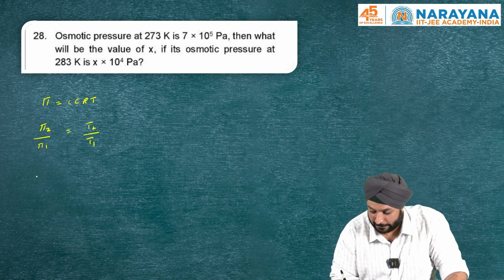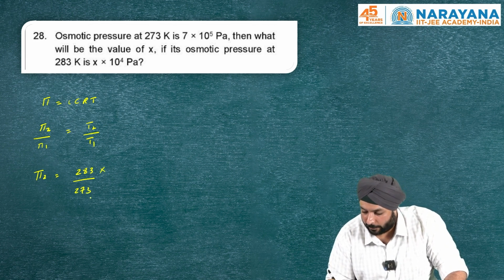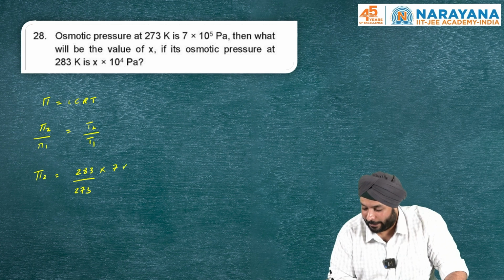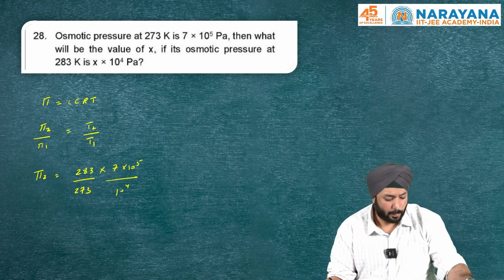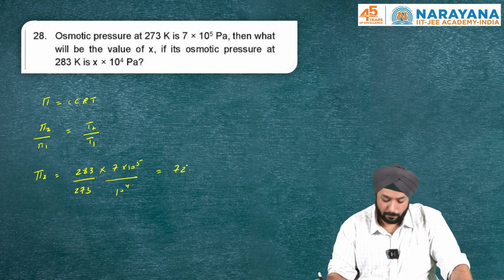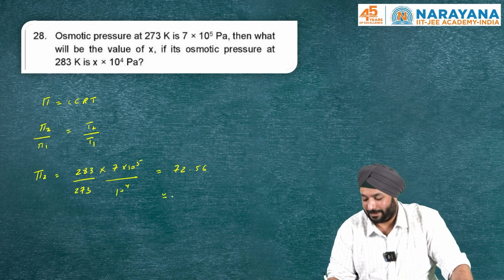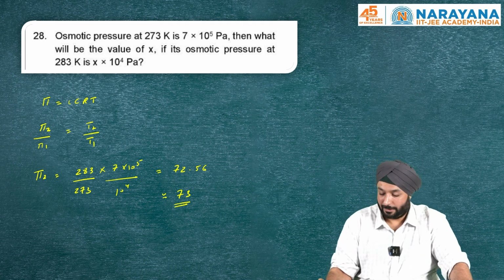Just use this, you'll get the answer. So pi 2 comes out to be 283 Kelvin divided by 273 Kelvin into pi 1, which is 7 into 10 raised to power 5 pascals. I want the answer in 10 to the power 4, so divide by 10 raised to power 4, right? So the nearest integer will be 72.56, which is approximately equal to 73. So this is question number 28.